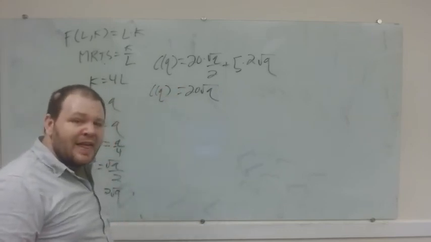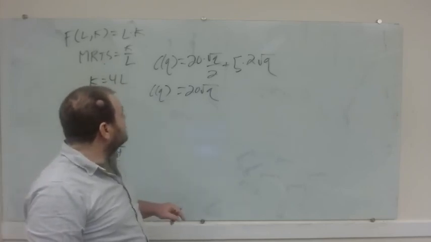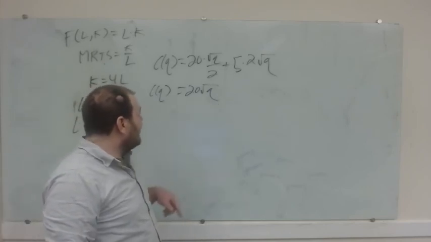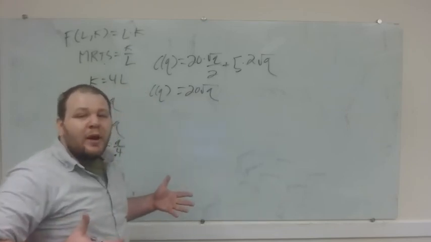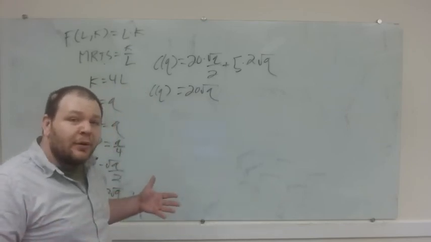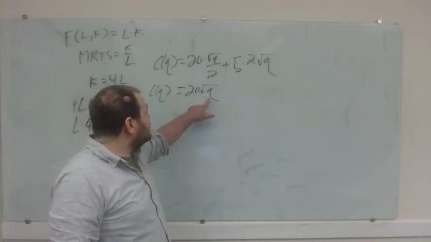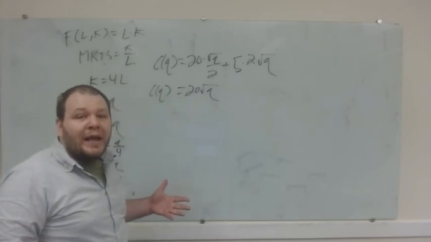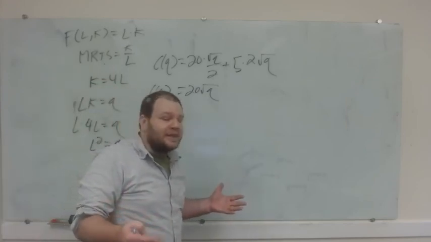It means that if I produced 4 units of output, my cost would be 20 times 2, which is 40. If I wanted to then produce 9 units of output, my costs would be 20 times 3, which is 60. So I would more than double my output, and I would only increase my cost by 50%.